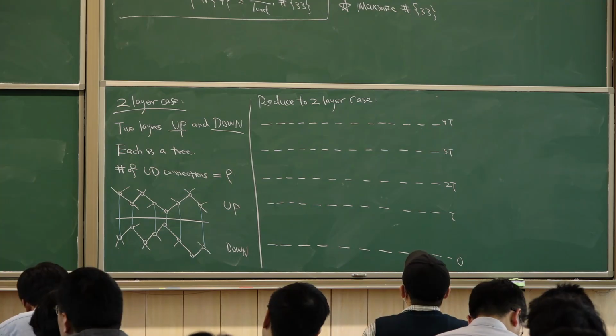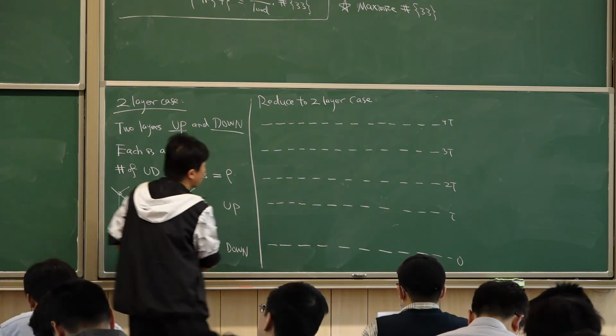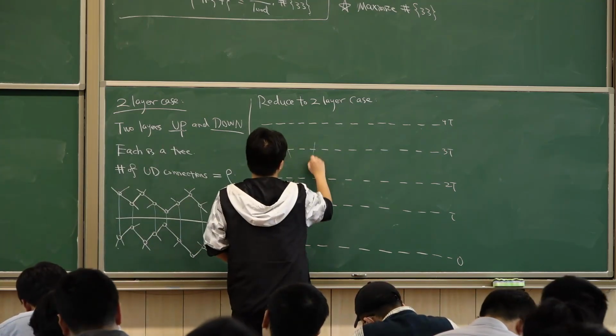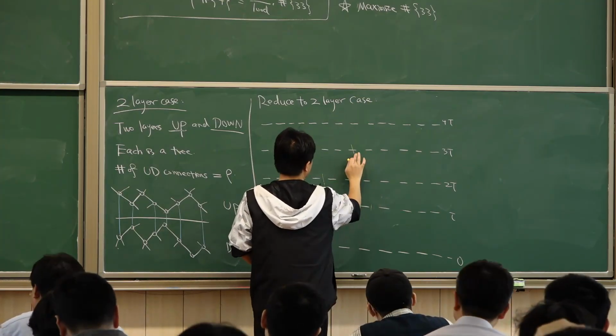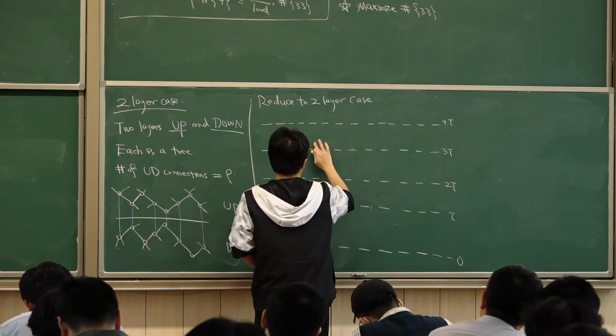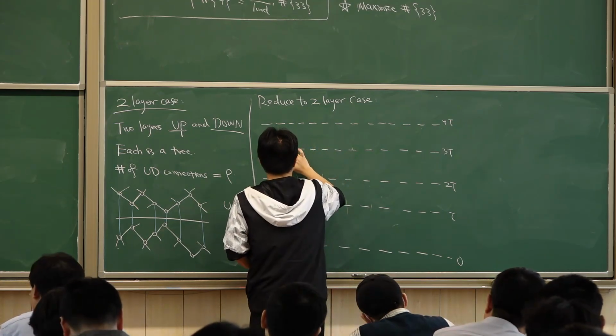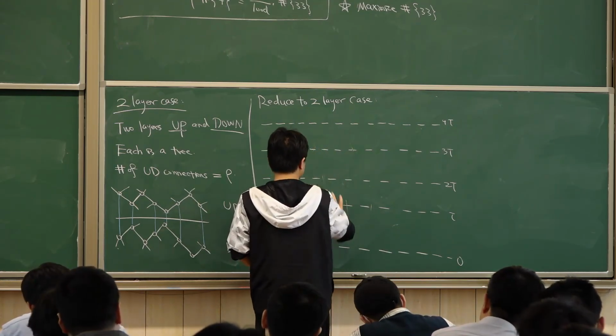So these are the crossings in R3, and these are crossings R2. These are crossings R1, and so on. We'll only draw the maximum one of them, because this is the only thing that matters.